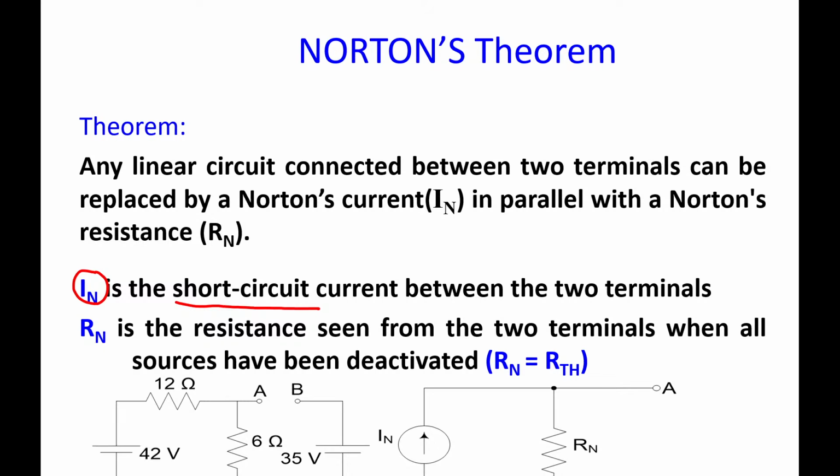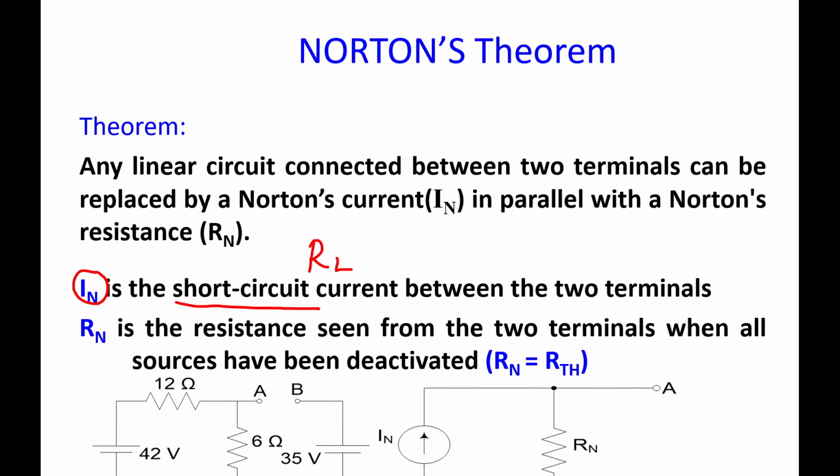Now, which terminals am I talking about? Anytime you are given a question to solve using Norton, most of the times there is a particular resistor, the load resistor, and that is the resistor you are mostly asked to find the currents passing through. Okay, so we are going to consider it and talk about it briefly.